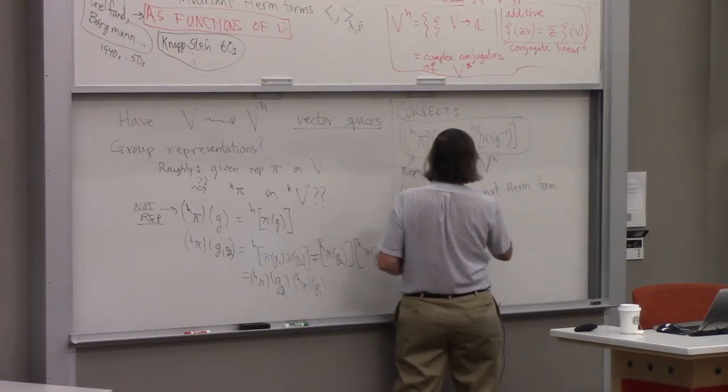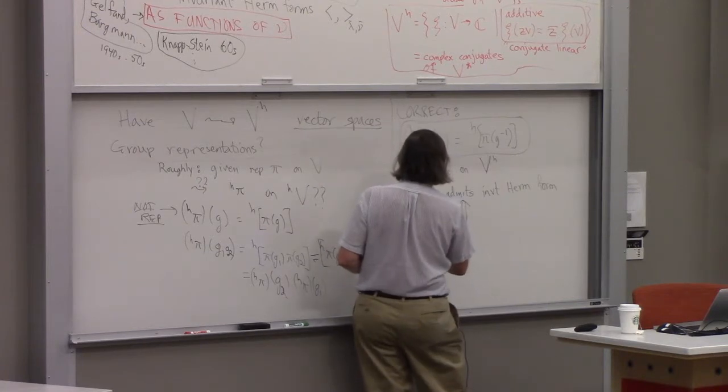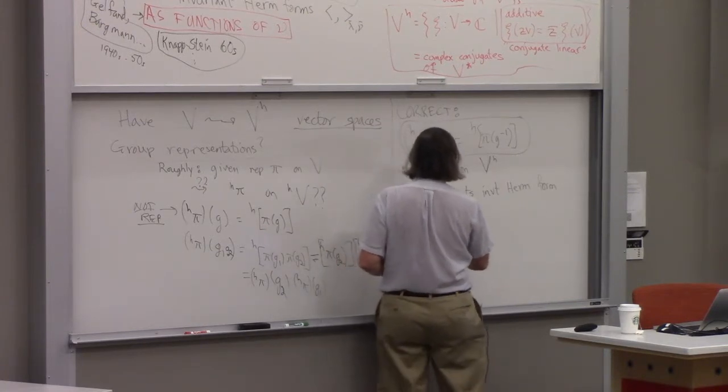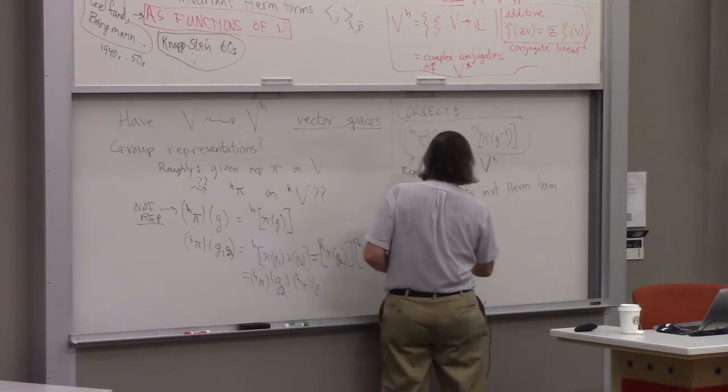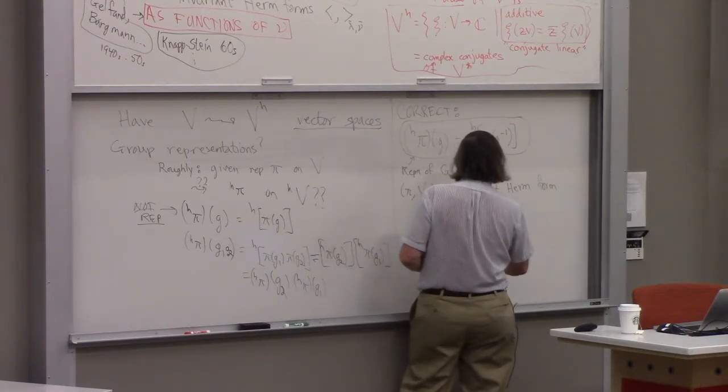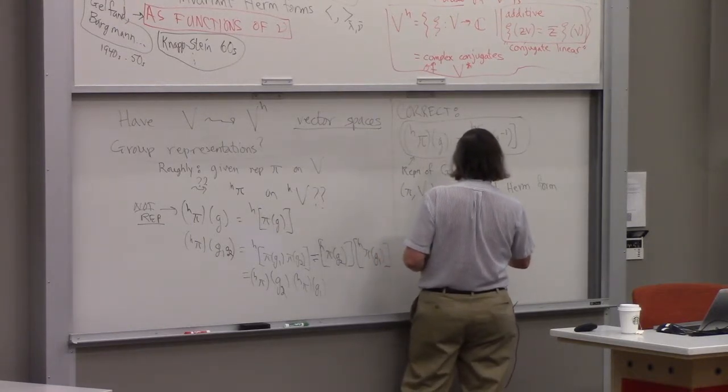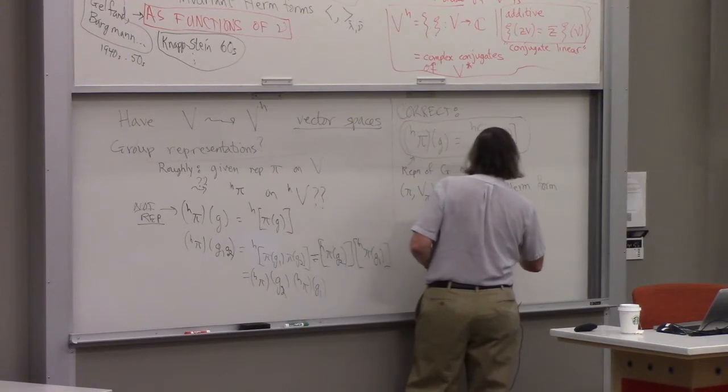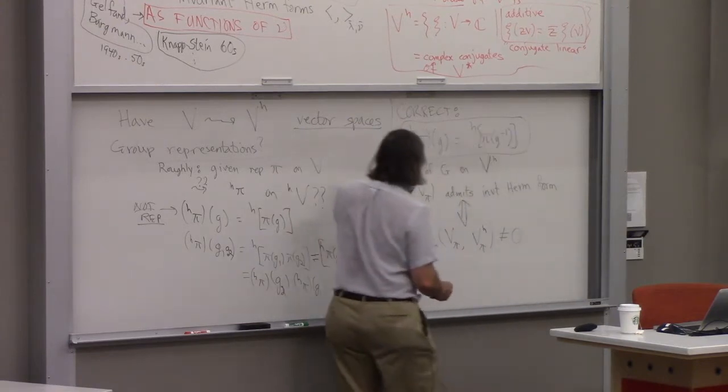That's exactly equivalent to saying that Hom over G of V pi into this V pi Hermitian dual is not equal to 0.